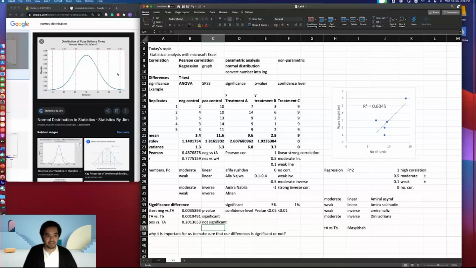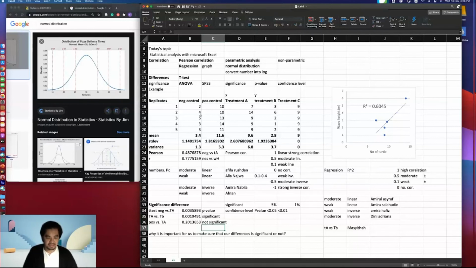So it depends. Of course, when you do the sampling, if you take a sample from here and you compare it with the sample from here, of course the means will be different. But does it happen by chance or not?